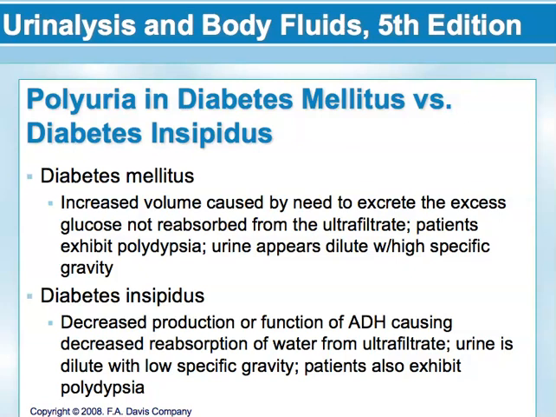These patients also exhibit polydipsia because the body is trying to compensate for fluid loss by greater ingestion of fluid, so it can result in an even greater urine volume. So in diabetes mellitus, the patient has an increased urine volume and an increased specific gravity. In diabetes insipidus, the patient has increased urine volume, but a decreased specific gravity.